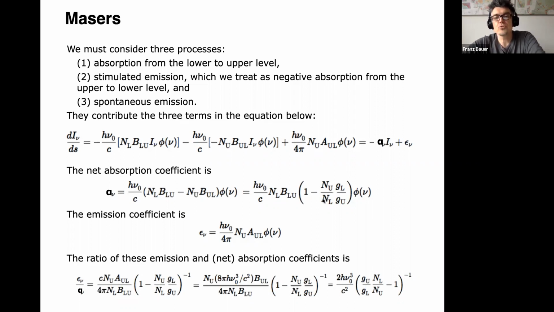If you're able to populate the upper levels, then the way you populate these can lead to the emission of photons. The ratio between the emission coefficient and the absorption coefficient is given by the ratio of upper to lower.